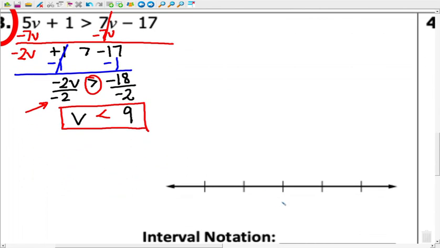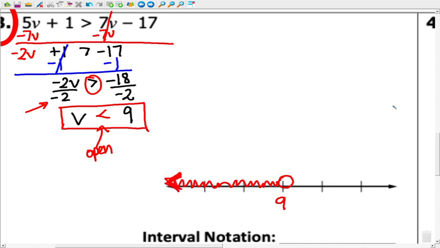Just simply put your number 9, okay? And then look at your symbol. This does not have a line underneath it, so that tells me that my circle is going to be open. It is pointing in this direction. It's telling you that it's less than, so you're going to shade this direction.